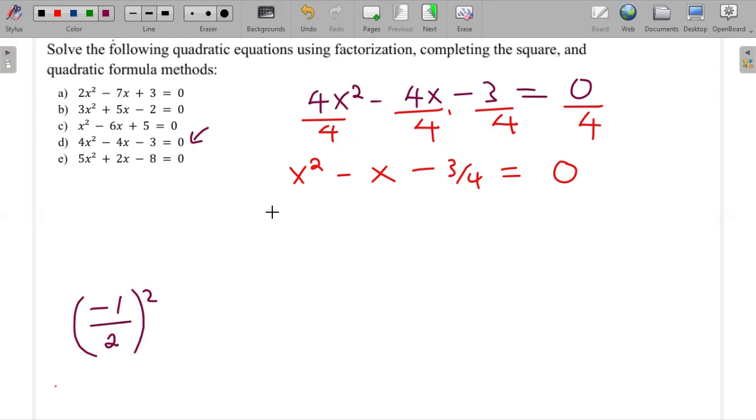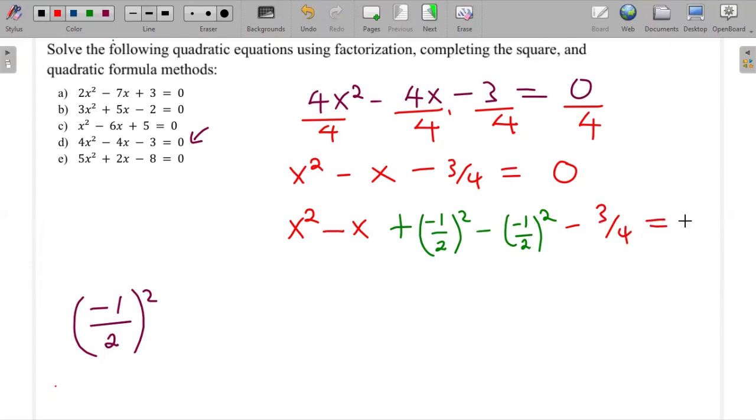So it will be x squared minus x, plus minus 1 over 2 squared, minus minus 1 over 2 squared, minus 3 over 4 is equal to 0. You've seen that this part here is just a 0. I haven't changed anything, it's just a special 0 written in terms of numbers.